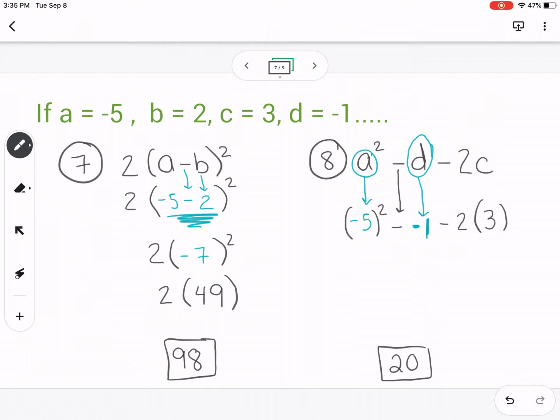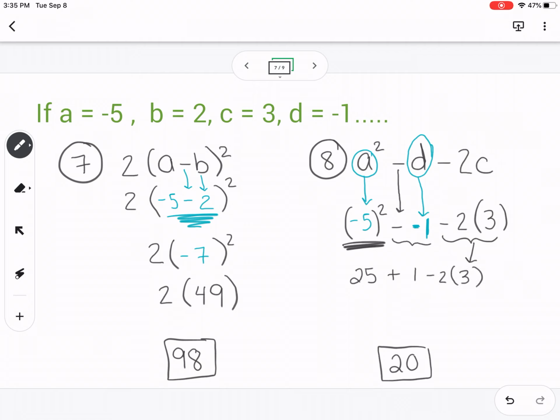I'm then going to work on PEMDAS. So there is no parenthesis to do. I'm going to go straight to that exponent right here. Negative 5 squared is positive 25. I can also clean up some stuff a little bit. I'm going to clean up this double negative to turn it into a positive. And then I'll bring down this guy.